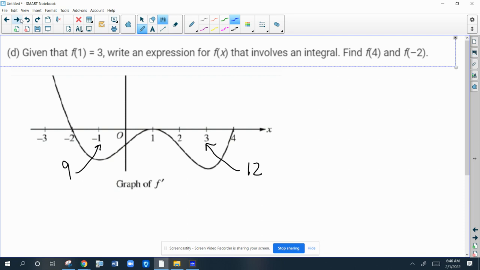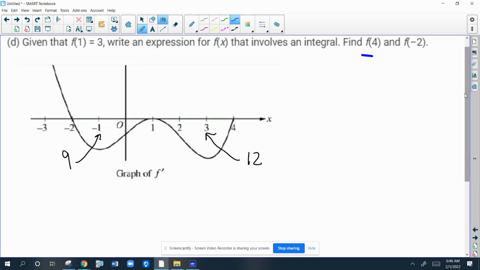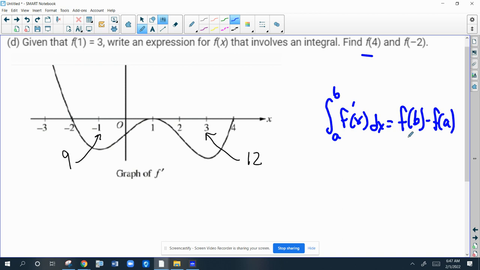Now here's something where we are given some information and we are trying to find y coordinates. So this is where integration as an accumulator comes in. We're given the graph of f prime. So remember, if you integrate a rate, you're just going to get the antiderivative f, and the fundamental theorem of calculus gives you this.